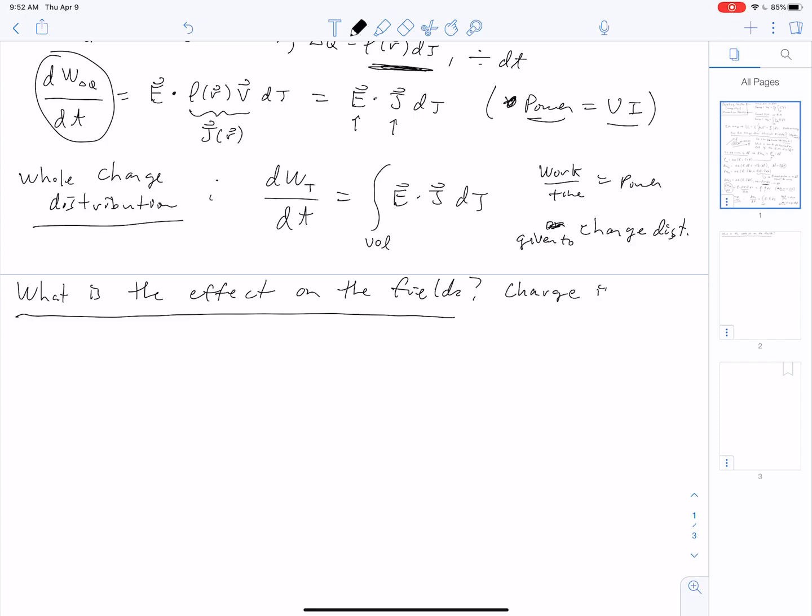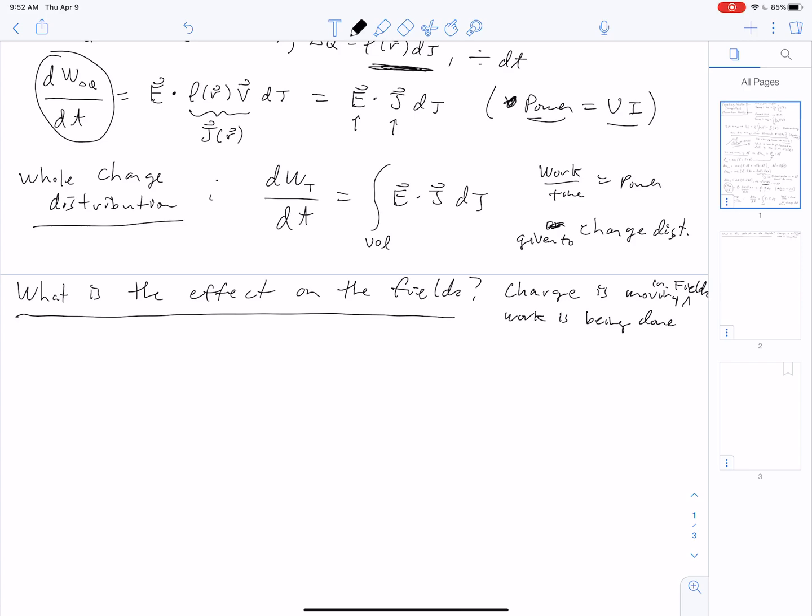Charge is moving, and so work is being done. The charge is moving in the fields, and so work is being done. Then what is the effect of this work on the fields themselves?